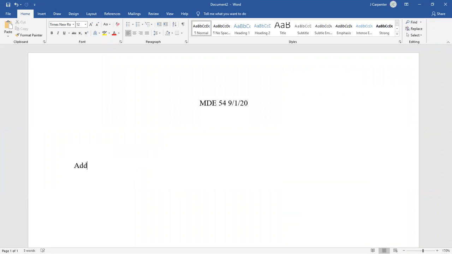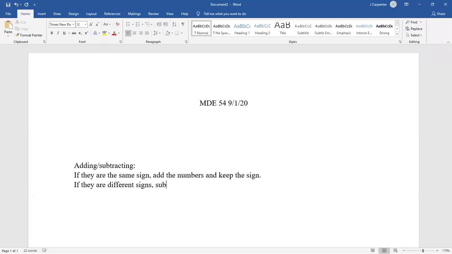For adding and subtracting, if they are the same sign, add the numbers and keep the sign. If they are different signs, subtract the numbers, larger minus smaller, in absolute value.